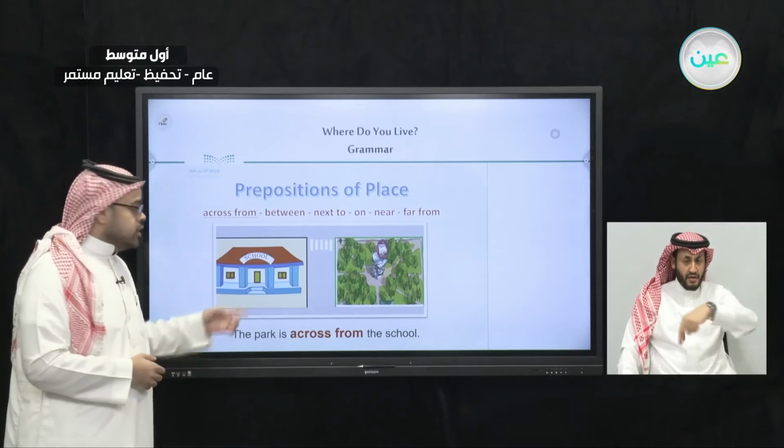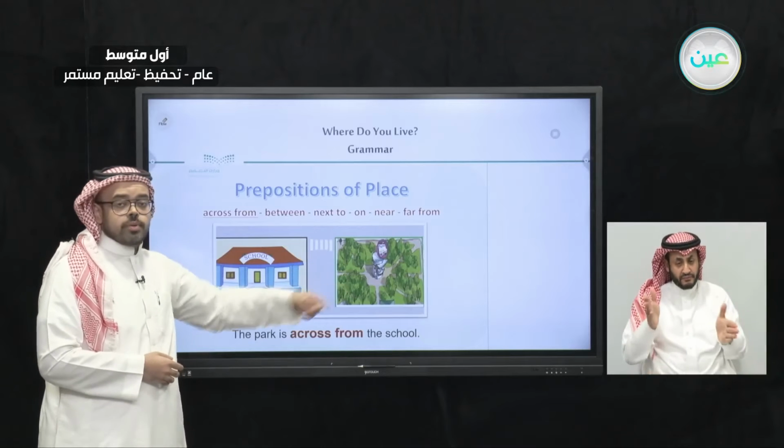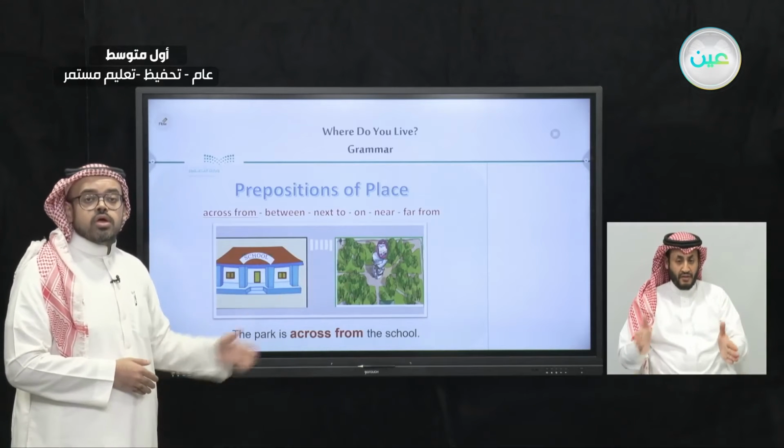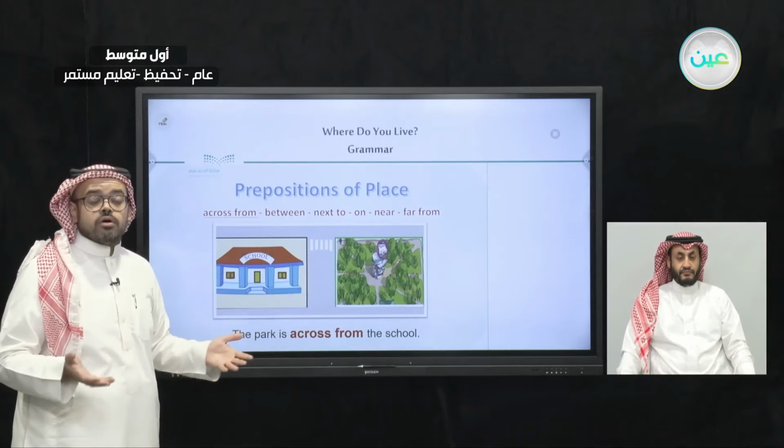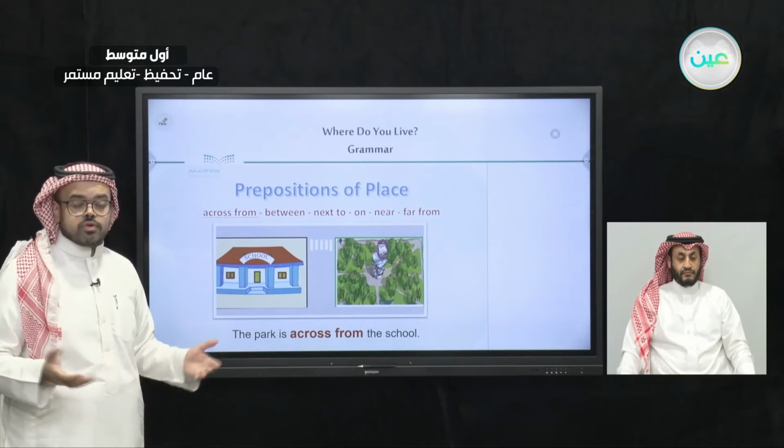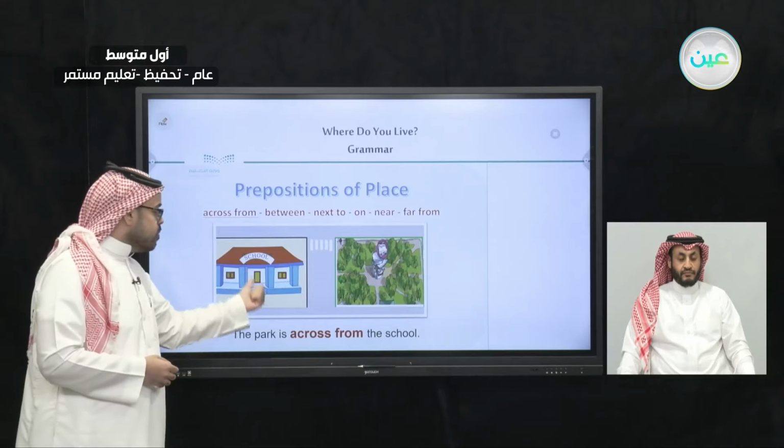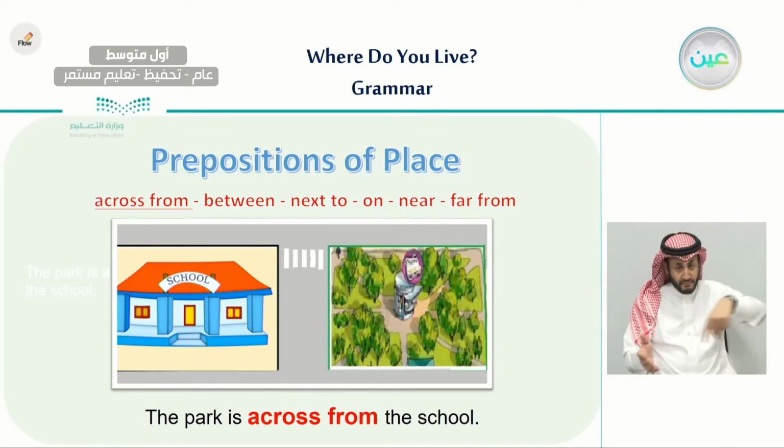It means that you need to cross the street to go to the park from the school. This is what we mean by across from. It means a place which is opposite the other place.